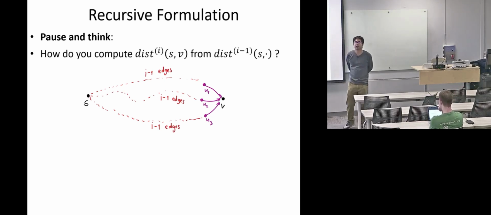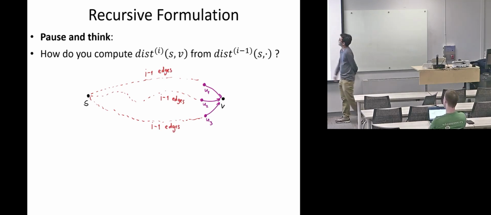Well, if the other thing is a node that has an edge pointing to V, then you would take the minimum of all those distances, and to each distance you would add the weight of the edge pointing to V.